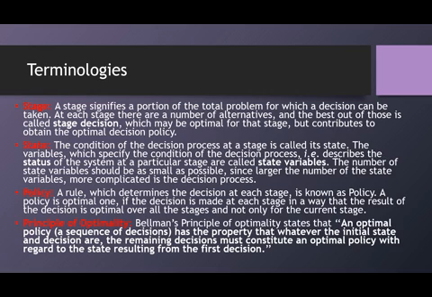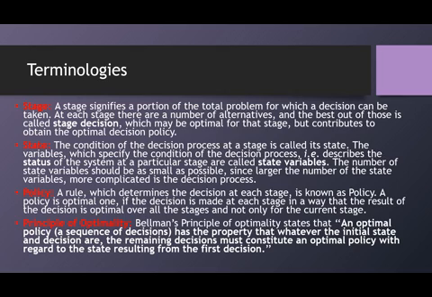So out of that, the one best solution that you can pick is called the stage decision, which is optimal for that particular stage. For that particular portion, it is the best solution, but it may or may not be a part of the final decision, right? But it plays an important role in deciding the optimal solution for the entire problem. Fine? So this is about the term stage.